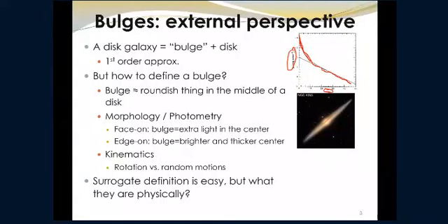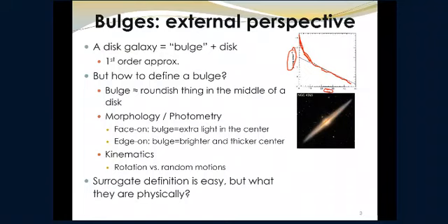That's the bulge part. Just from this 1D decomposition, you roughly know that this galaxy is essentially a bulge plus a disk, right? Because the halo of this galaxy is normally very faint, and the dark matter halo is invisible. So this is the first order approximation.